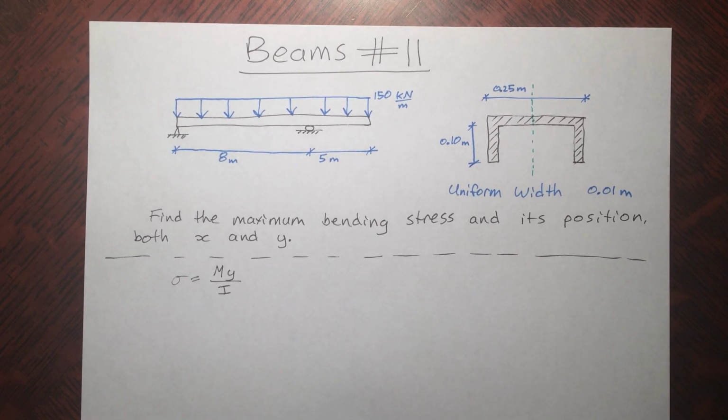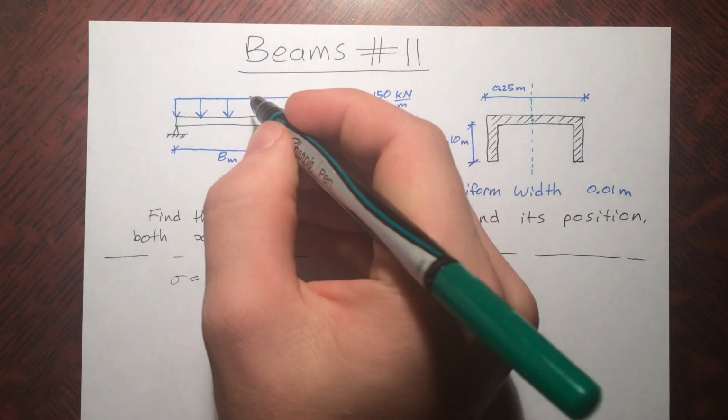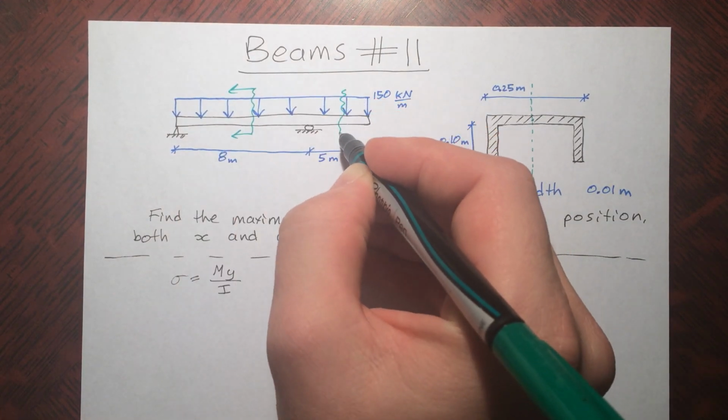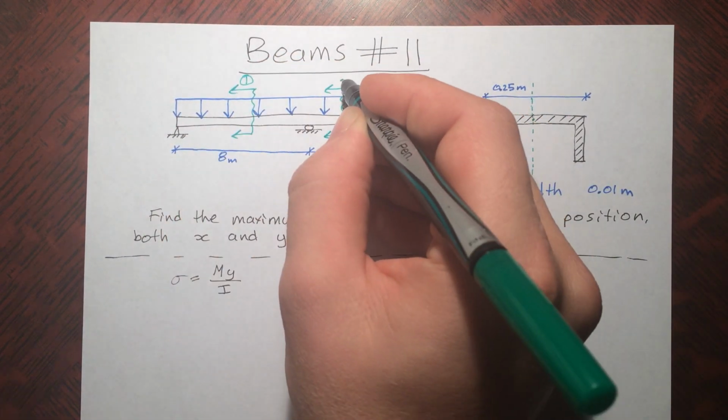So it's going to require us to get a free body diagram of the whole thing to find the reactions, and then go in making a free body diagram of the two sections, like this, and then get the bending moment from that. So I'm going to go ahead and speed through that.